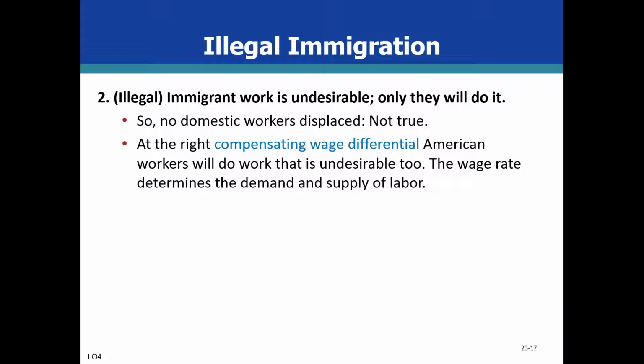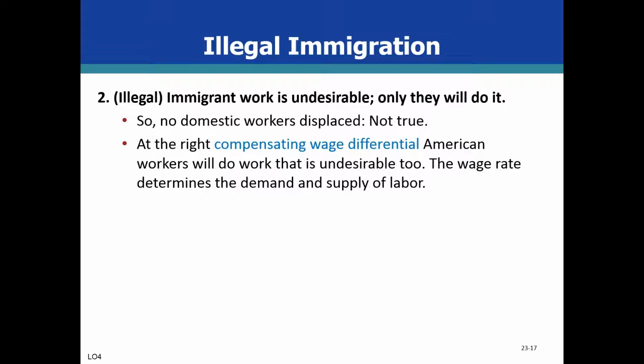So, at the right compensating wage differential, American workers will do work that's undesirable too. So if the argument is, yeah, we can keep these wages at $2 because only those, quote, those people will do that work. Well, you give people the right wage and they'll do the work.